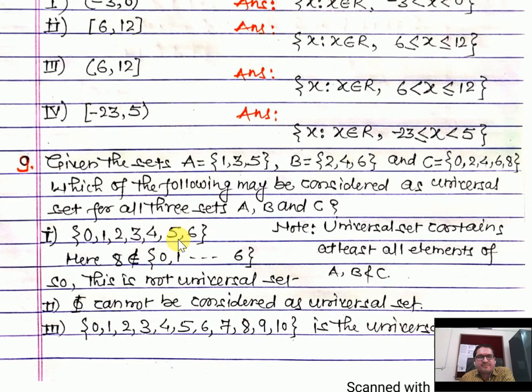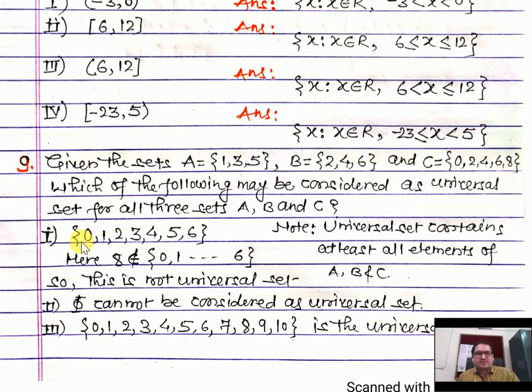Question number 9, given the sets A equal to {1, 3, 5}, B equal to {2, 4, 6} and C equal to {0, 2, 4, 6, 8}, which of the following may be considered as a universal set for all three sets A, B and C? Universal set means a set which contains all elements of A, B and C. Let me check the first one.